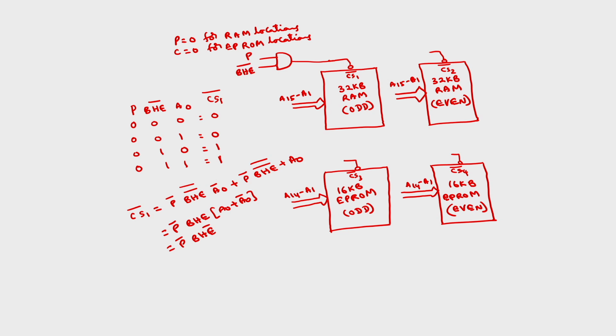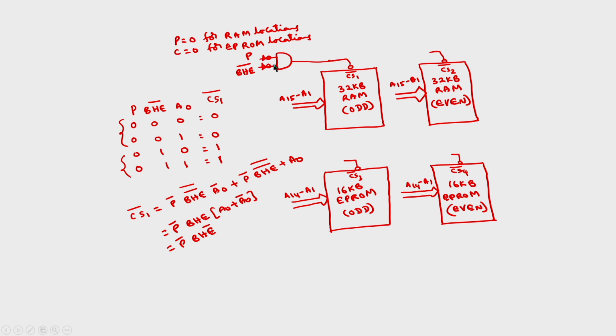You see here, in these two cases P is 0, BHE bar is 0, so output is 0, and this chip will be selected. In these two cases it will not be selected because BHE bar is 1, P is 0, so output will be 0. So it would be selected, so you have to exclude this. So for that you have to take a NAND gate, right? You have to invert here otherwise.